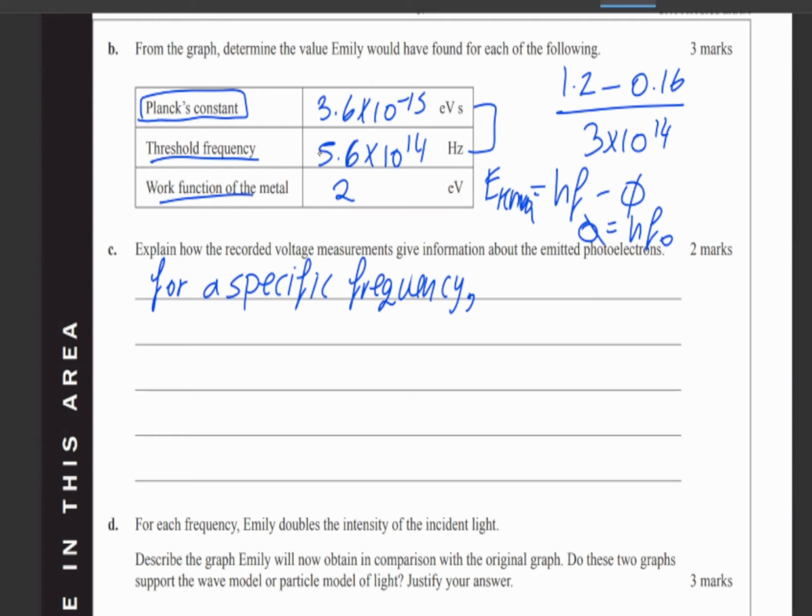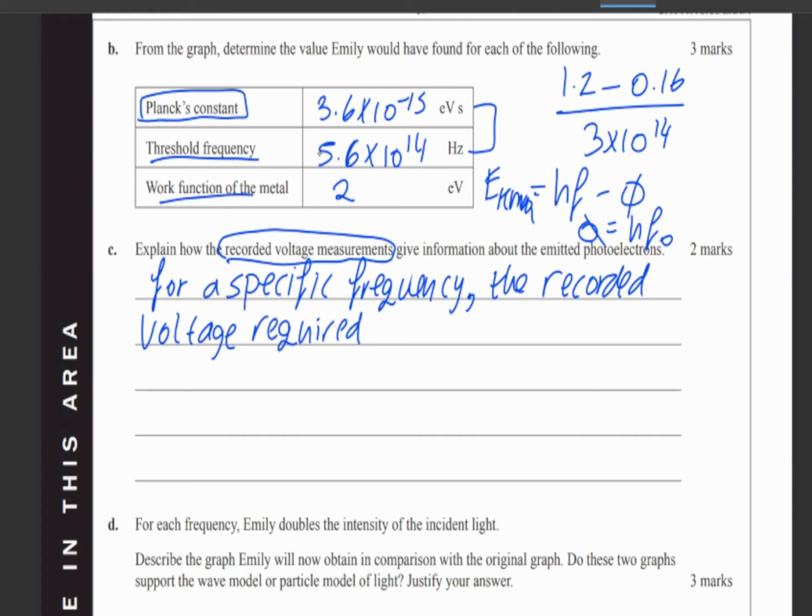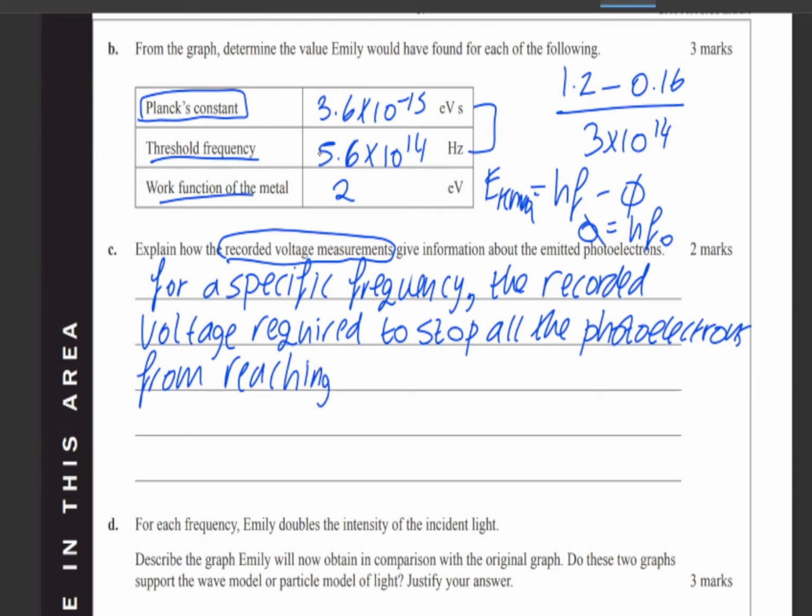So the recorded voltage, and you need to be specific, like they use this phrase, so you need to use it in your answer. Required from reaching the cathode.